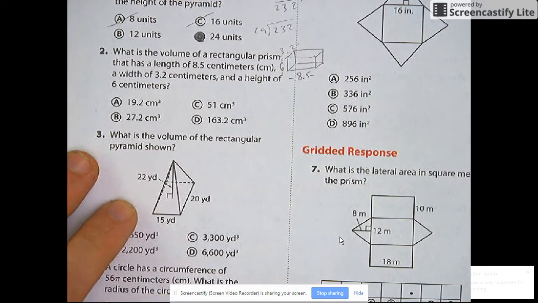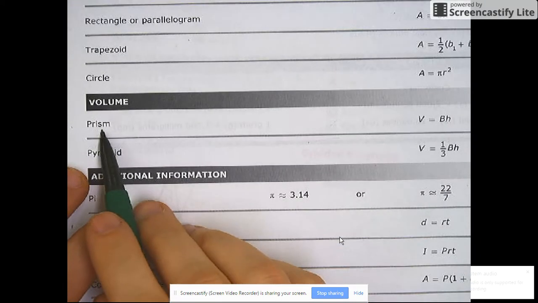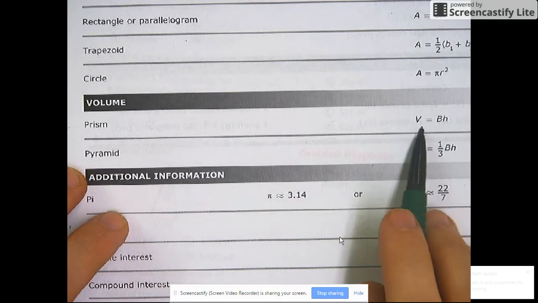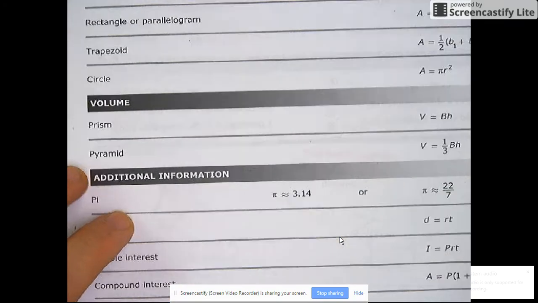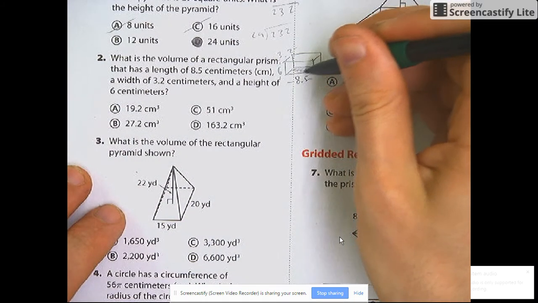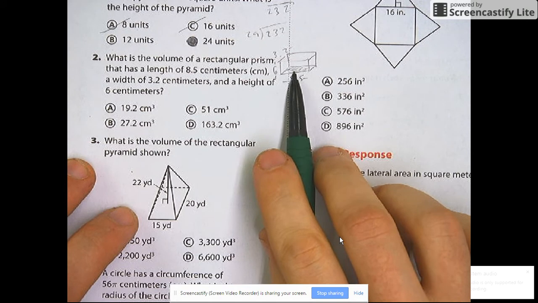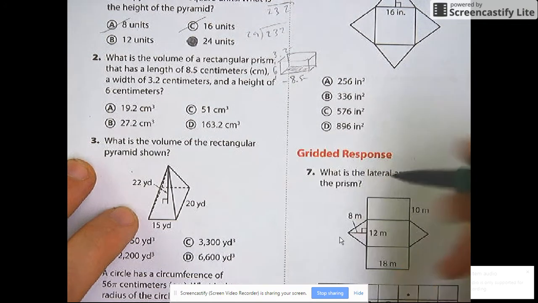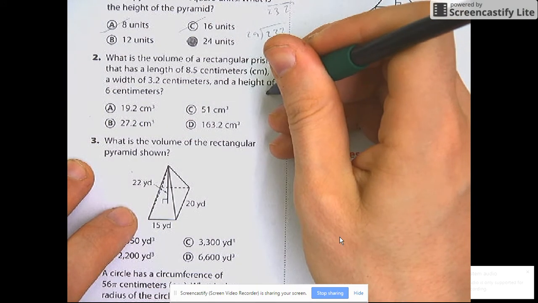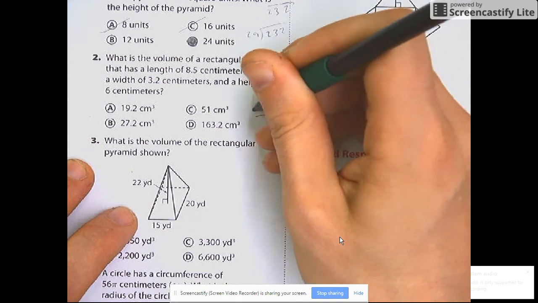So I'm looking at my formula chart to see what volume is of a prism. The volume of a prism is the area of the base times height. Here's my base. That base has an area of 8.5 by 3.2. So I do 8.5 times 3.2.